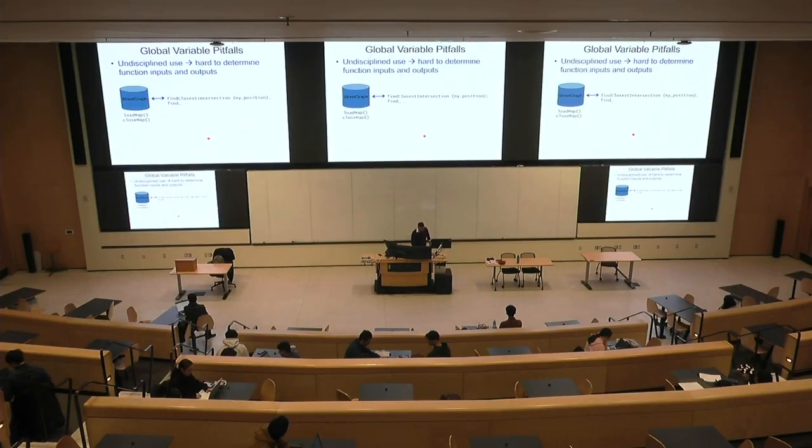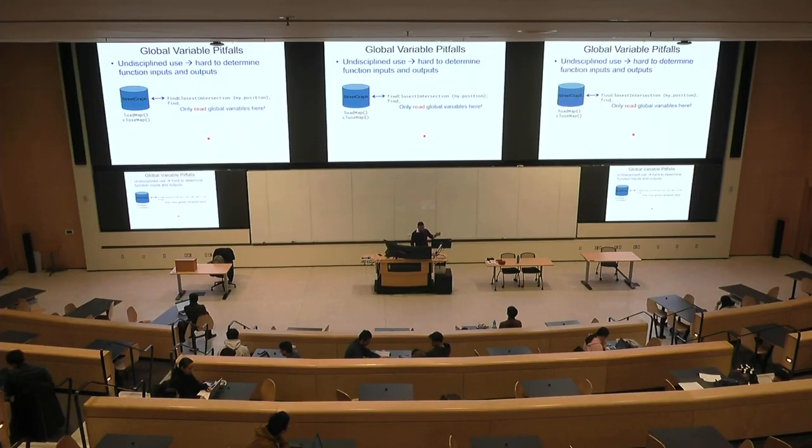Okay. One thing to be smart about with global variables, in order to avoid a lot of bugs when using them, is to make sure that they are only changed in one function of the program, okay? So in this case, we are only going to write to that data structure or that global variable inside load map in order to store the data that we want from the lower level APIs. And in all of the other functions, when we use them, we are just asking them questions and reading whatever data is inside them.